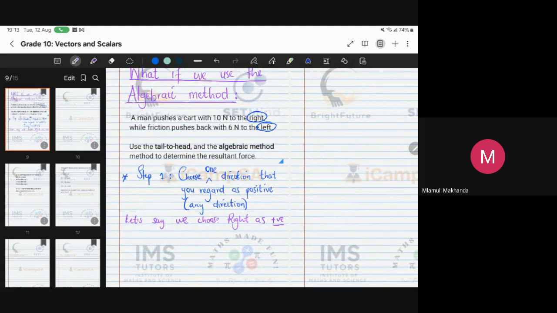This is a shortcut for positive. I'm just writing it like that, but it means positive. So what does that mean for left?